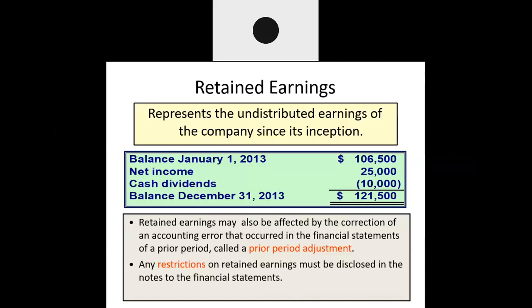Retained earnings may also be affected by the correction of an accounting error in the financial statements of a prior period, which we call a prior period adjustment. Some loan agreements place restrictions on the amount of dividends that can be paid based on the balance in retained earnings. The restrictions on retained earnings are generally disclosed in the notes to the financial statements.